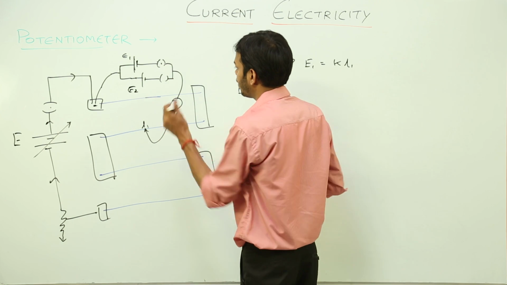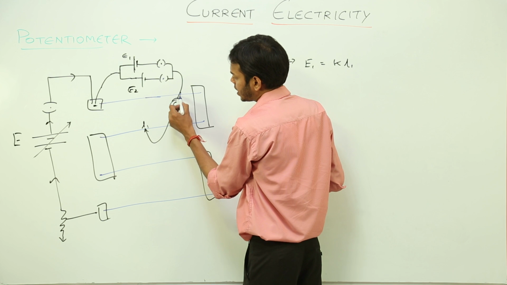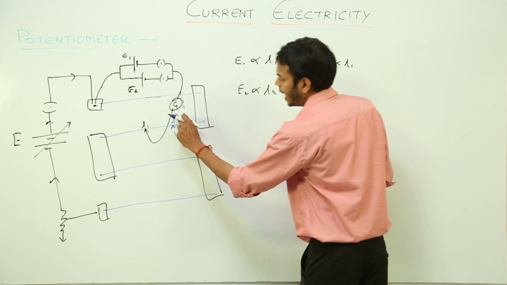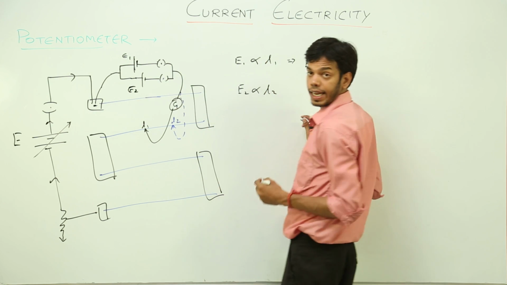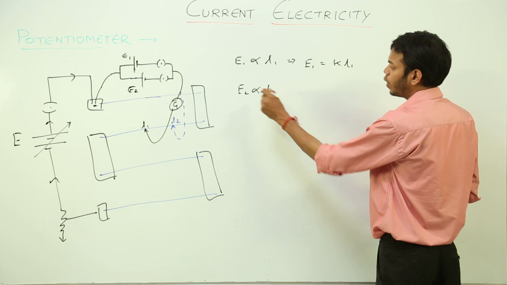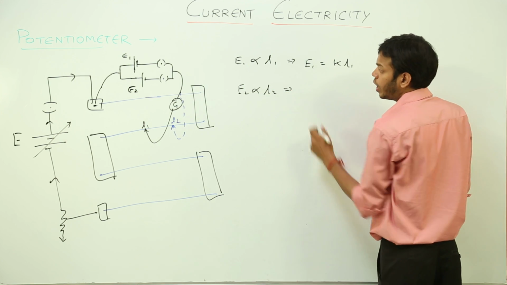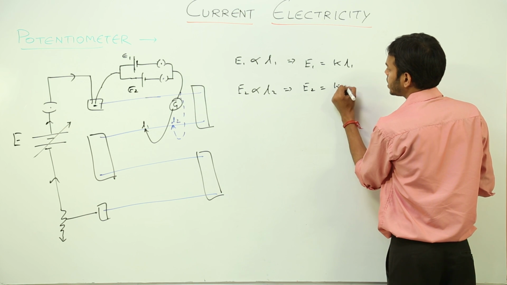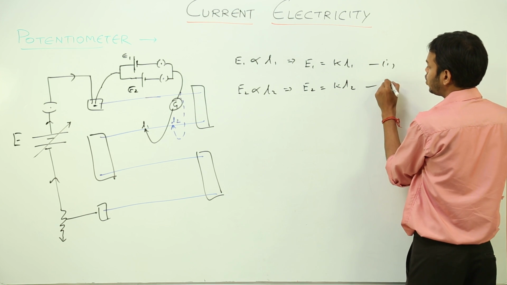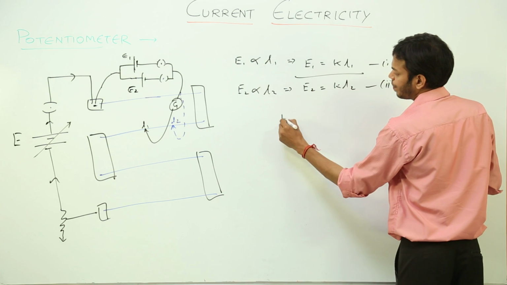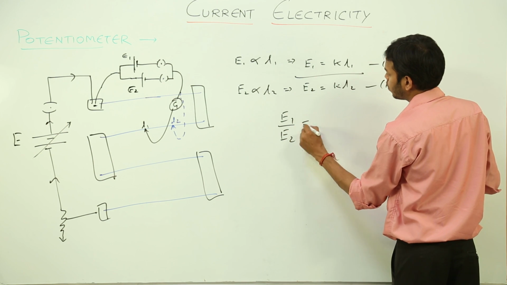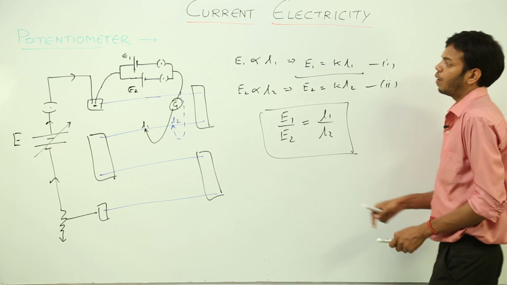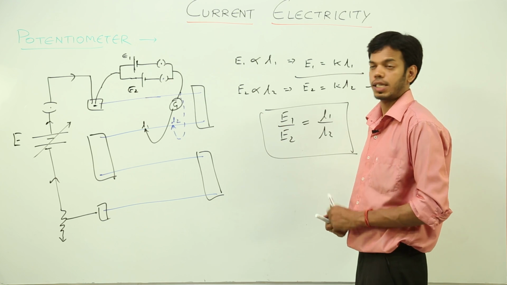For example, if I am getting a null point somewhere here which is L dash, or let it be L2 for cell E2. So E2 is directly proportional to L2 where the null point or balance point is obtained. So E2 is equal to K times L2. If I divide these two equations 1 and 2, what do we get? E1 upon E2 is equal to L1 upon L2. So this is how we compare the EMF of two cells, right?